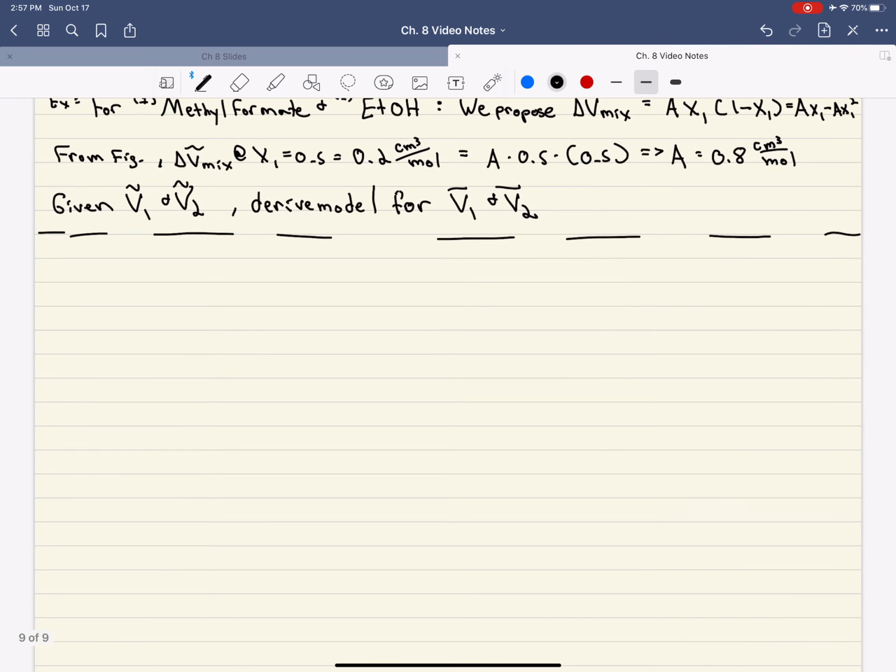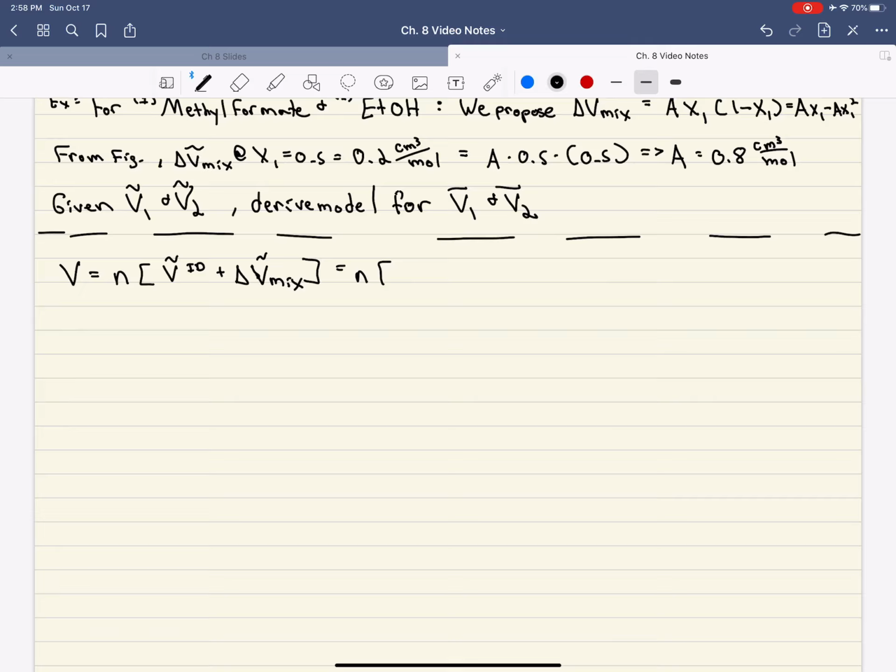We know that our total volume of the mixture is going to be N times the sum of the molar volume of the ideal solution plus our delta V mix. So this delta V mix captures the non-ideal behavior of the mixture, and N, of course, is the total moles in the mixture.